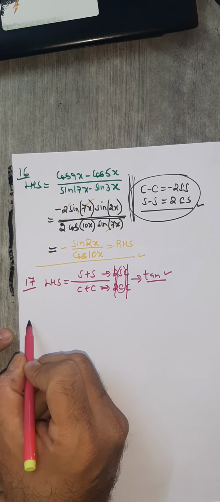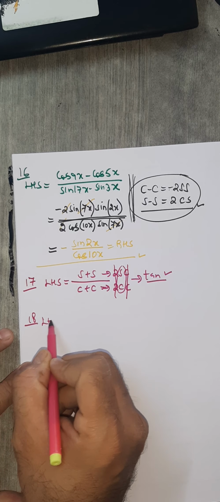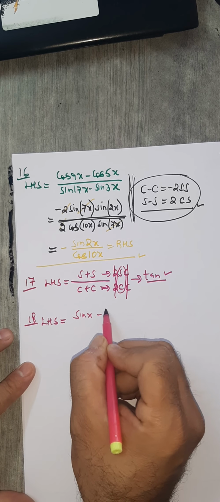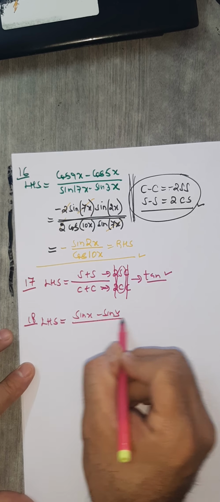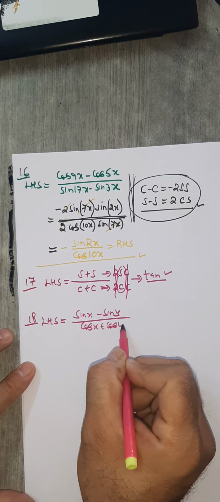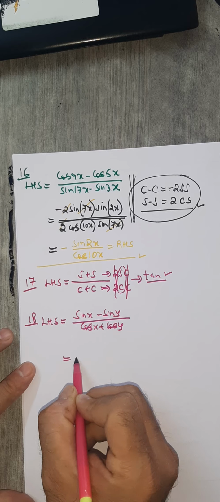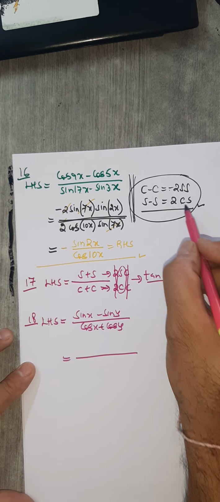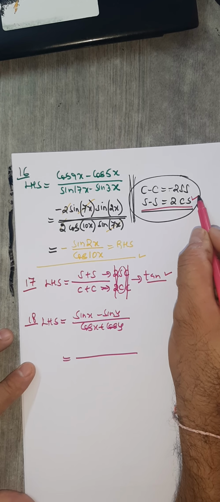Okay. Question number 18. If I write LHS here, sin x minus sin y upon cos x plus cos y. What is s minus s? You know. Here it is done. S minus s, 2cs.